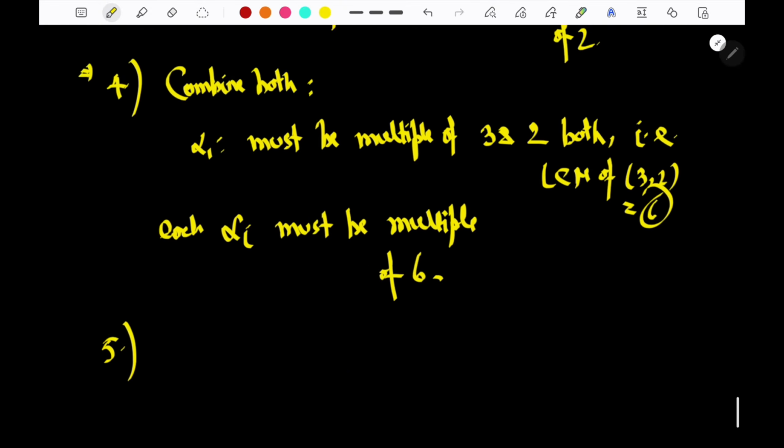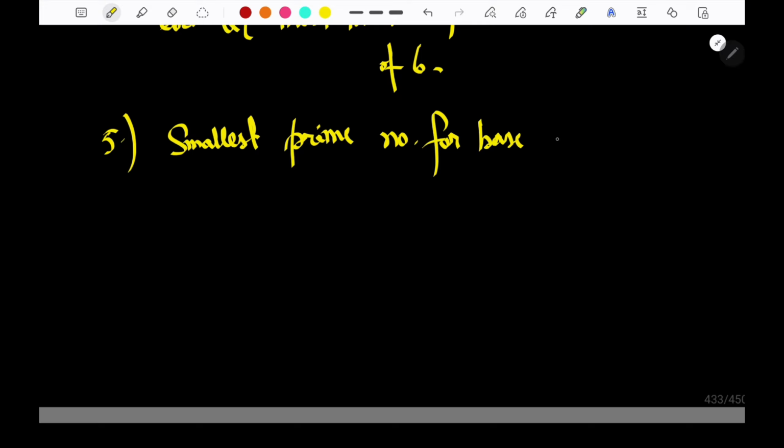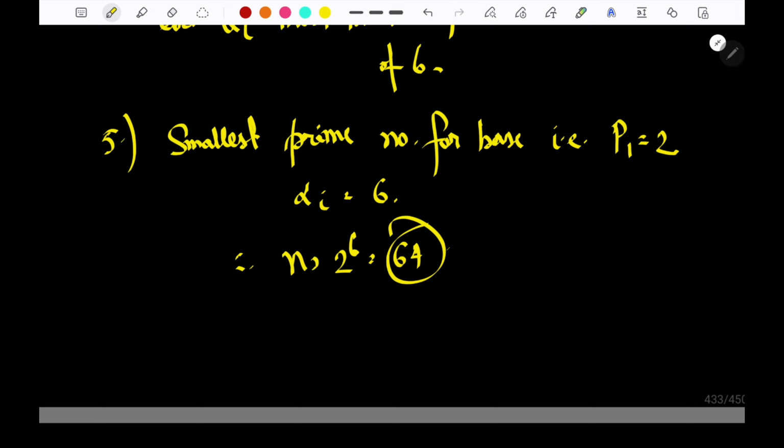So if I take n greater than 1, the smallest prime number for the base is what? That is p1 is equal to 2. And alpha I is equal to 6, so therefore n is equal to 2 to the power 6, which is 64. So 64 is the answer.